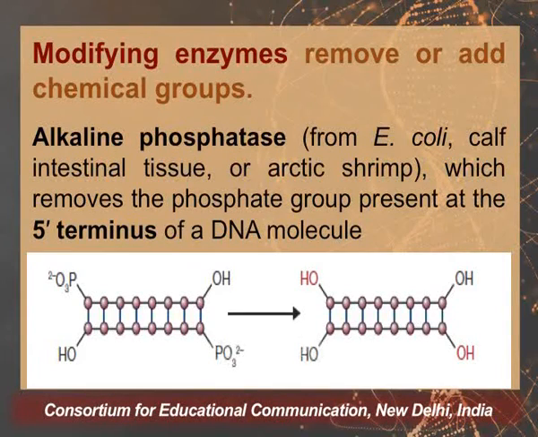In this, alkaline phosphatase is very important. This alkaline phosphatase removes the phosphate group from the 5' end so that two hydroxyl groups are put at the ends. We have already talked about these two hydroxyl groups, for example, when we didn't want the two adapters to link together.